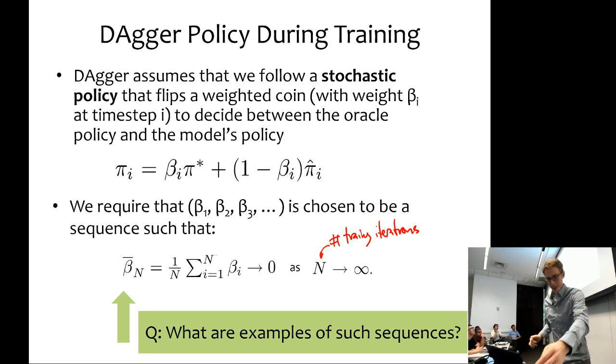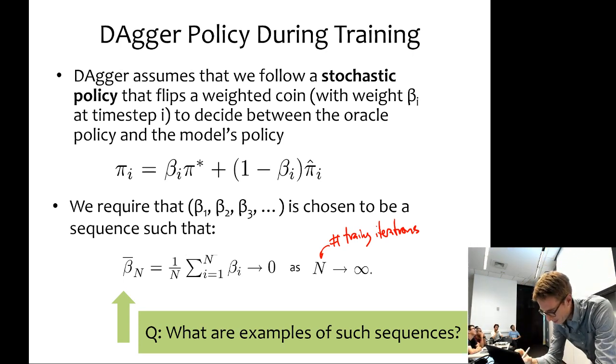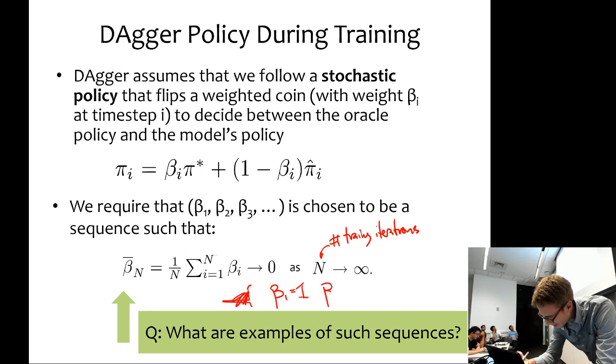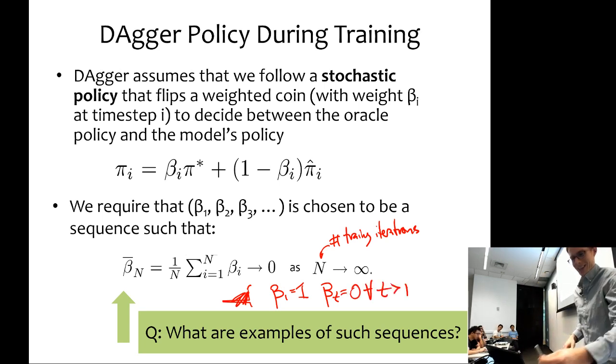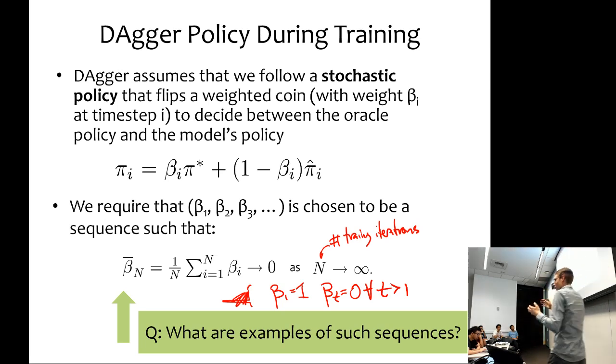Here's another one, and in some of the experiments we're about to look at, we're going to actually use this. Beta 1 is equal to 1, and then beta t is equal to 0 for all t greater than 1. So you could use the oracle policy for, say, the first epoch of training, and then switch to the model's policy after that.